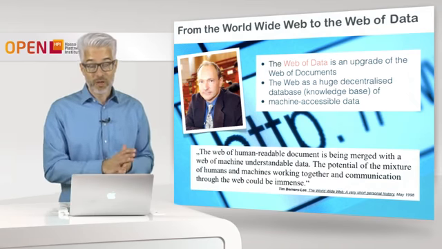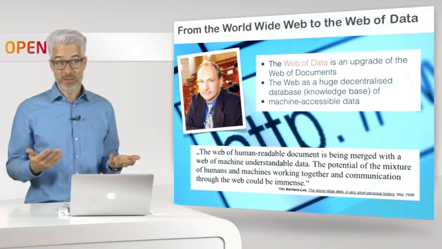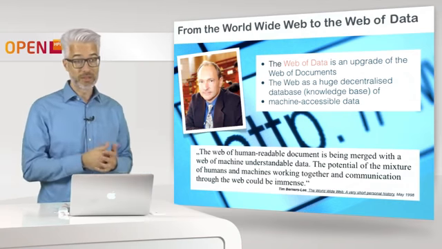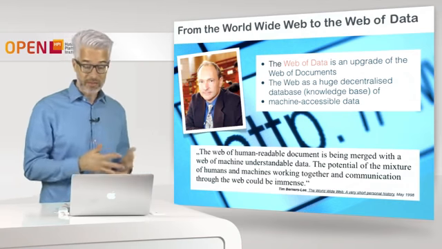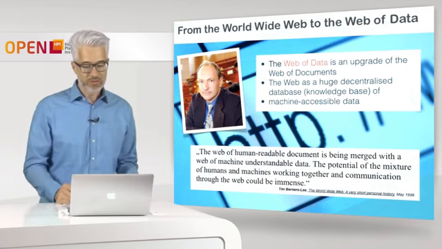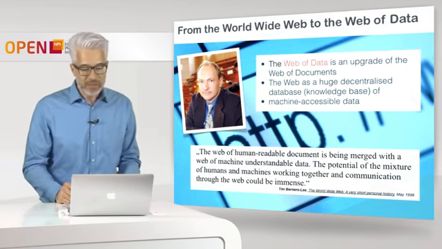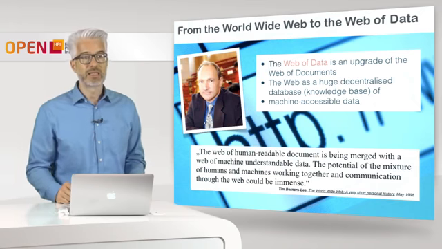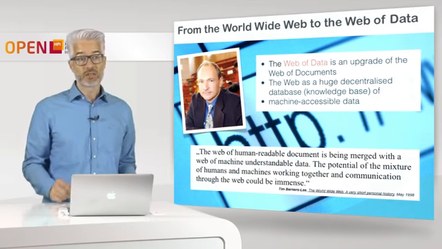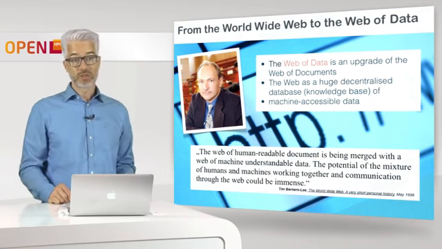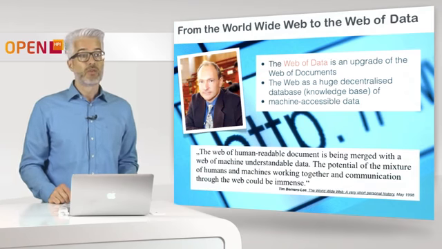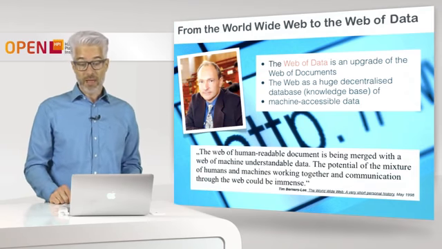And of course this development started already with the beginning of the web, because Tim Berners-Lee already said right from the start about the World Wide Web that the web of human readable documents is being merged with the web of machine understandable data. So the potential of the mixture of humans and machines working together in communication through the web could be immense.